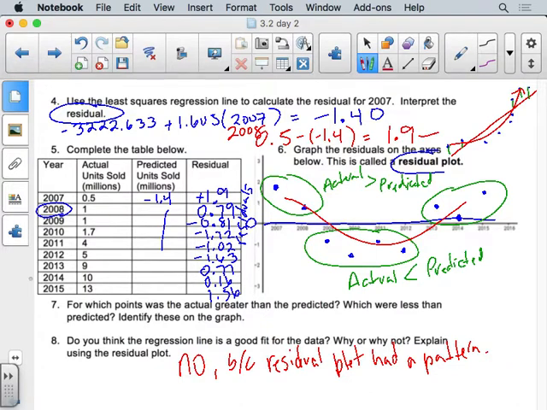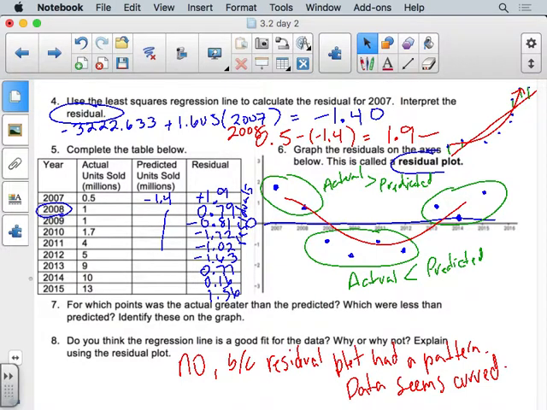Data seems curved, or you could say non-linear, whichever. So our residual plot, if it's a good plot, will have an even mixture throughout.